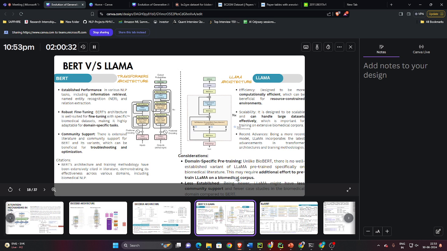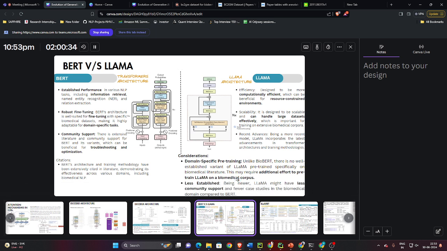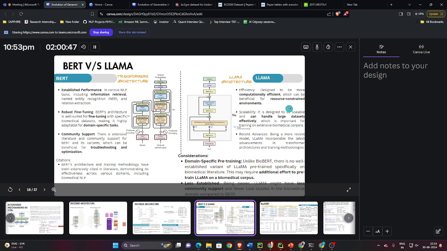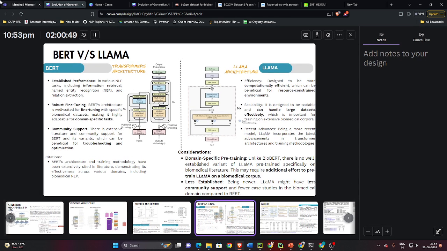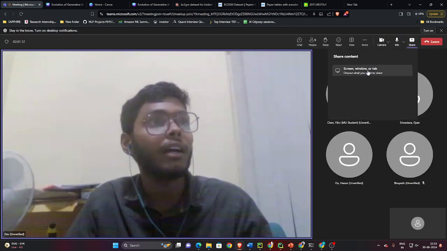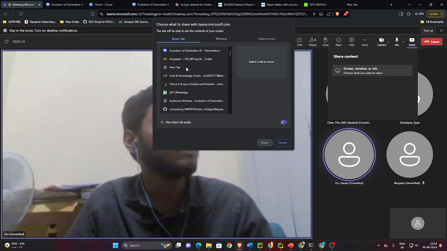I would like to show you a small code excerpt and the output, as in why we had to resort to this complicated architecture of fine-tuning BioBERT and not just give it to a ChatGPT prompt to find out the nodes and weights. How about I share my entire window, and I hope I'll be able to show.